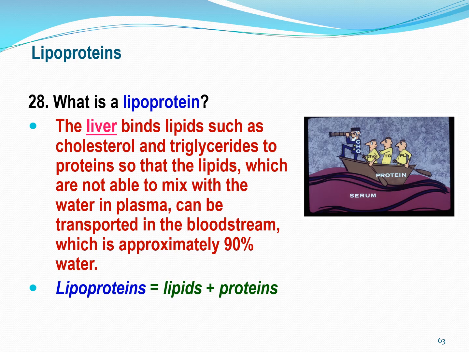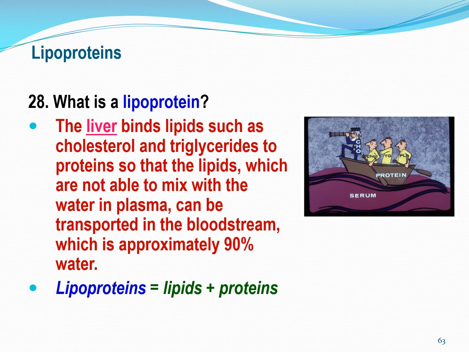So what is lipoprotein? The liver binds lipids such as cholesterol and triglycerides to proteins so that the lipids, which are not able to mix with water and plasma, can be transported in the bloodstream, which is approximately 90% water. We know if we drop some oil in water, that oil will not mix with that water, right?